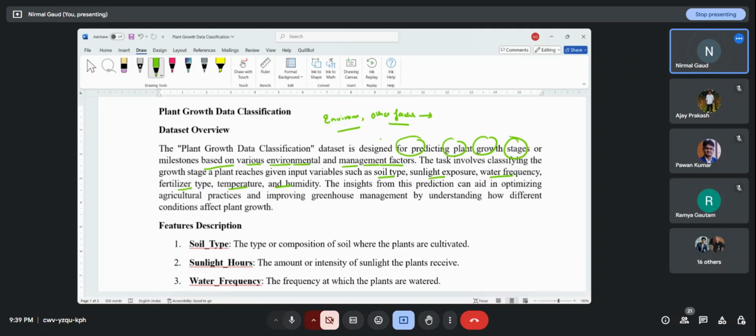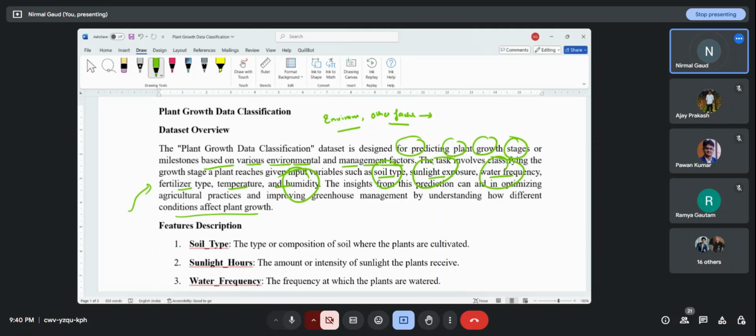What fertilizer, what soil, how much sunlight, what is the frequency of water, how much you have to give, what kind of fertilizer you are going to apply, what should be the humidity. If these things are in appropriate numbers, there will be growth in the plant. Else, the adverse conditions will affect the plant growth.